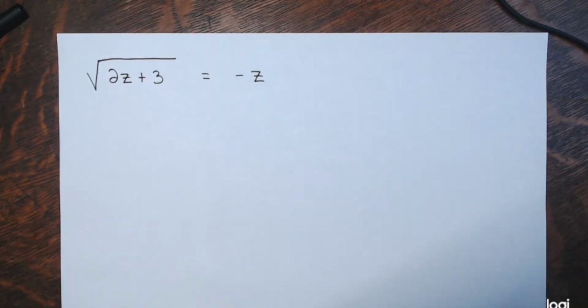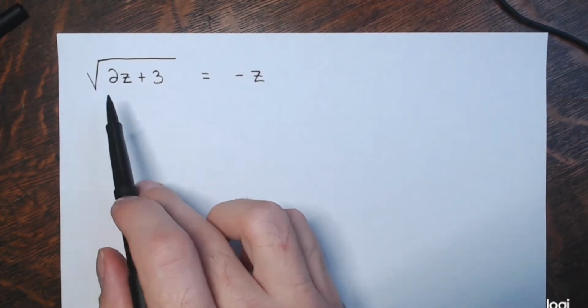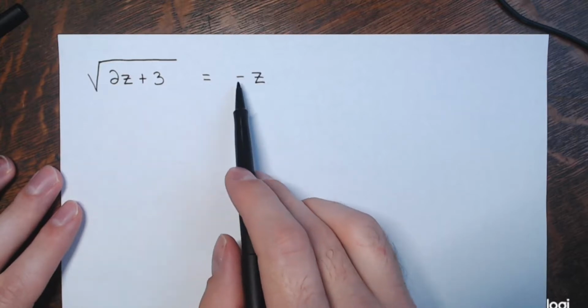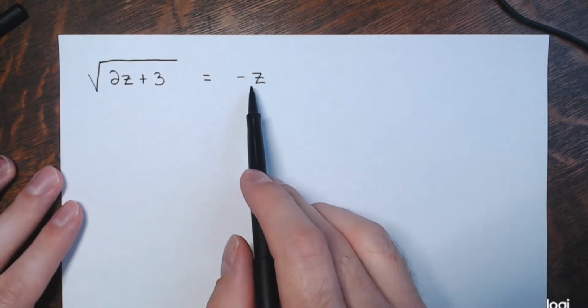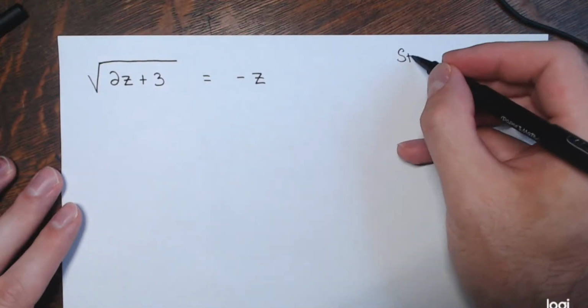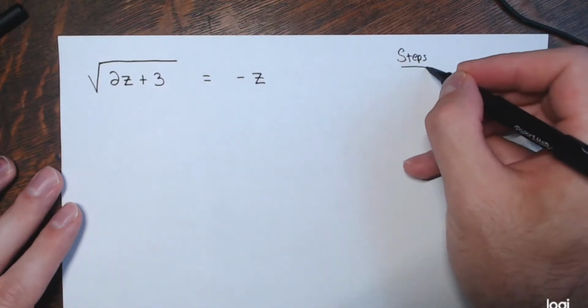Okay, so we're given here the square root of 2z plus 3 equals the opposite of z, or negative 1 times z. Off to the side, I'll write the steps I'm going to be following.